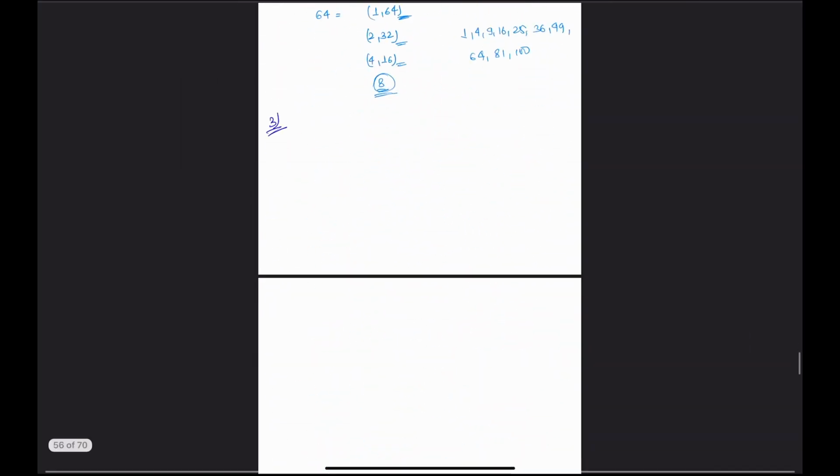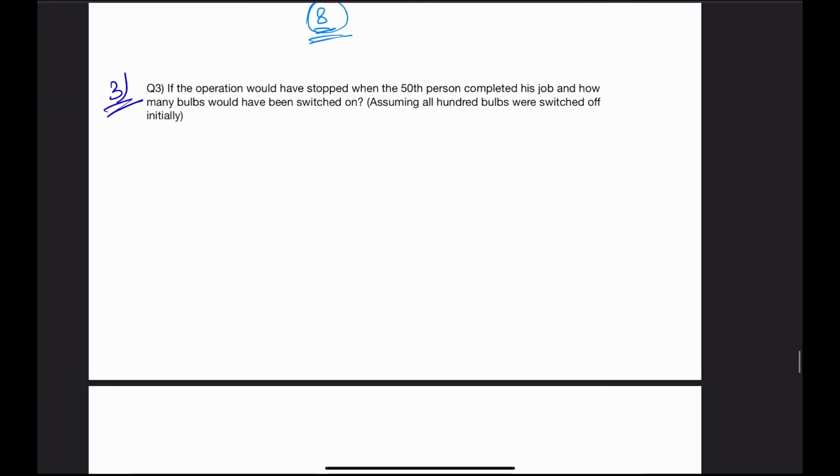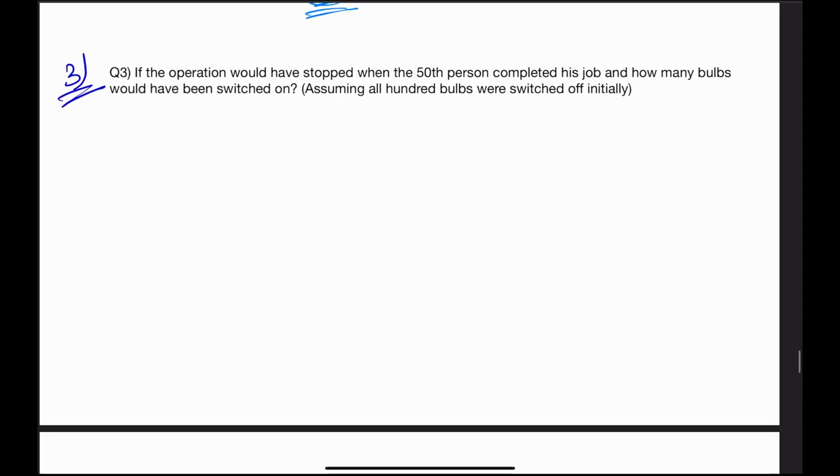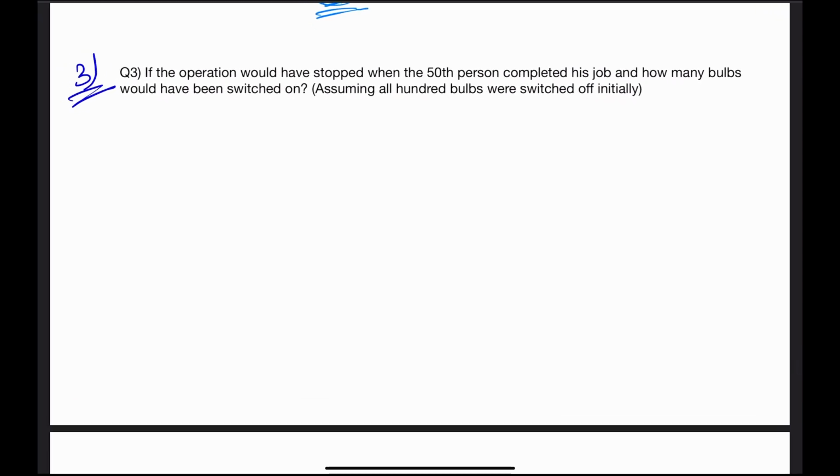Now we just need to understand the question and solve accordingly. So the question is saying that if the operation would have been stopped when the 50th person completed his job, how many bulbs would have been switched on?